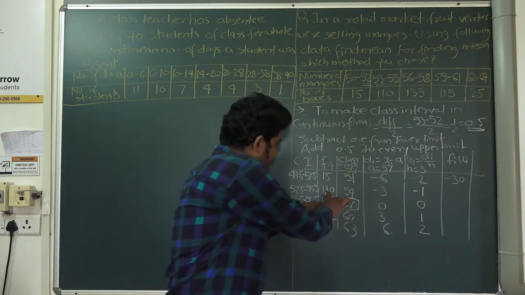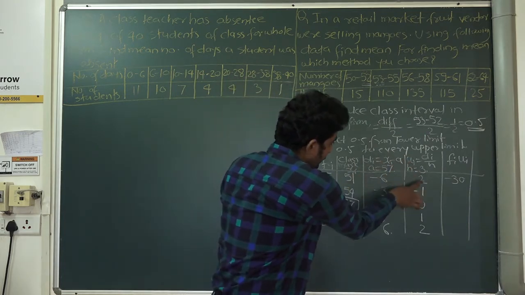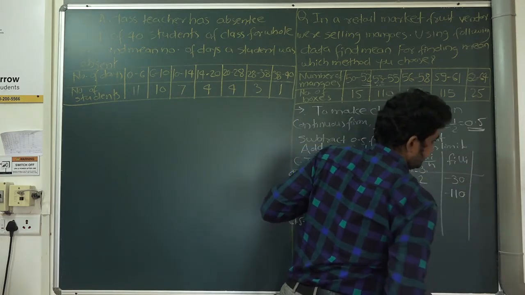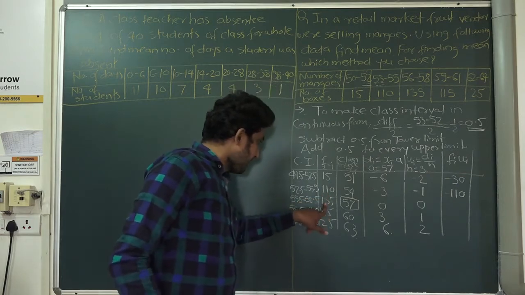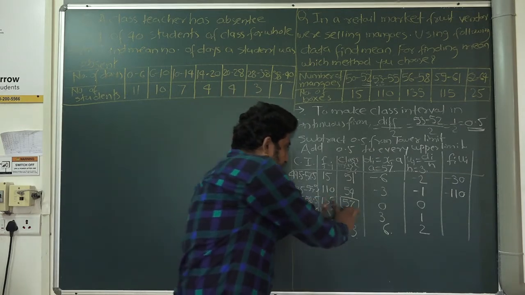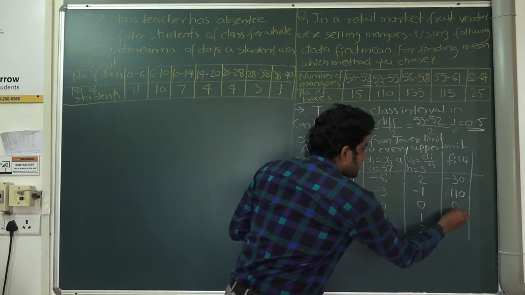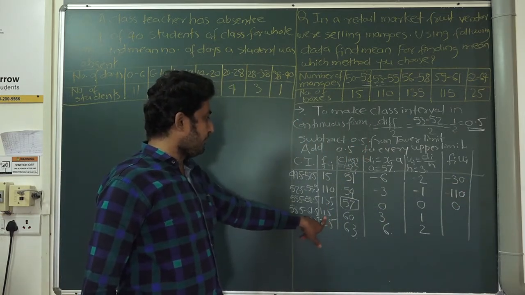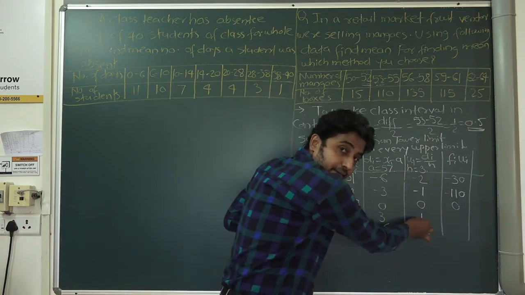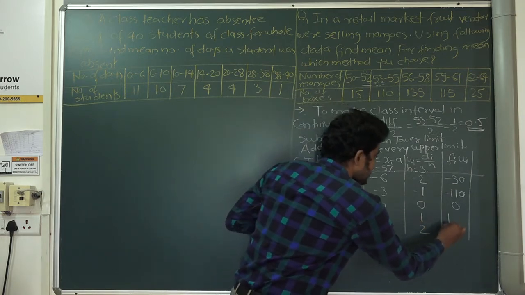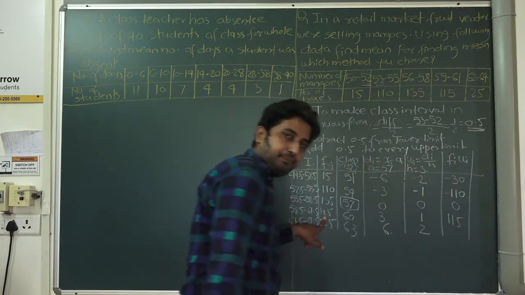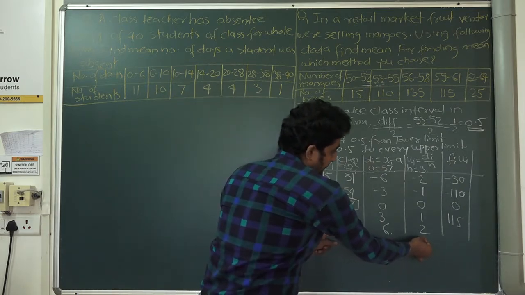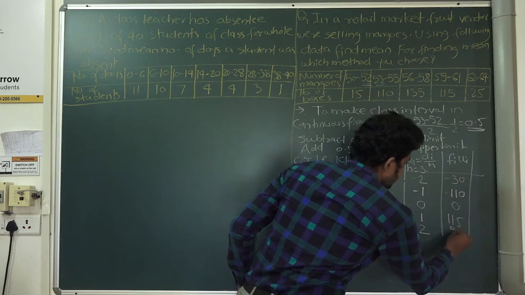Then 110 into minus 1 is minus 110. Next one is 135 into 0, that becomes 0. 115 into 1 becomes 115. And the last one, 25 into 2, becomes 50.